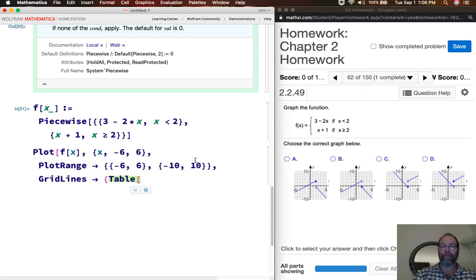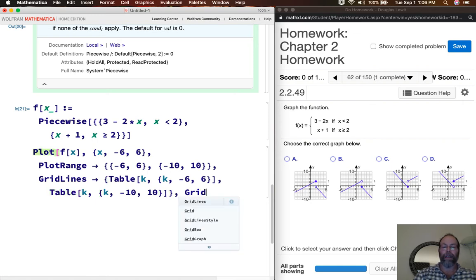And my grid lines: a table, k goes from -6 to +6, those are the x tick marks, and for y, the table goes from -10 to +10, and grid lines.